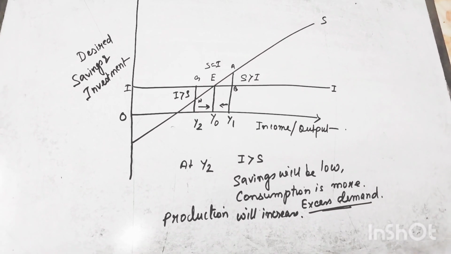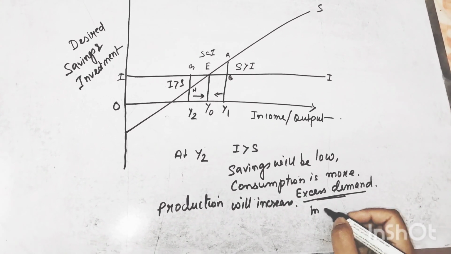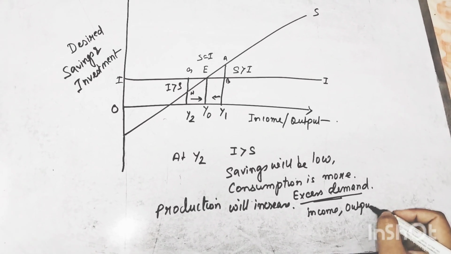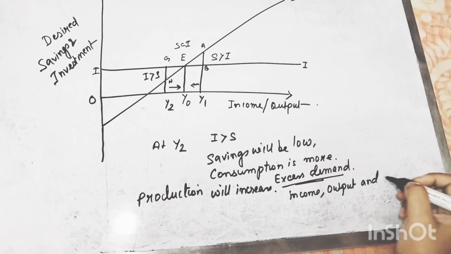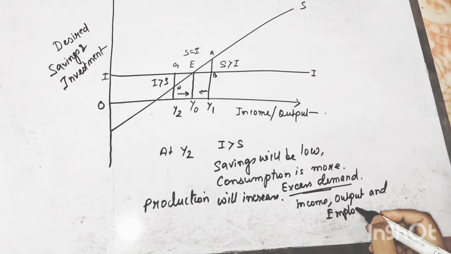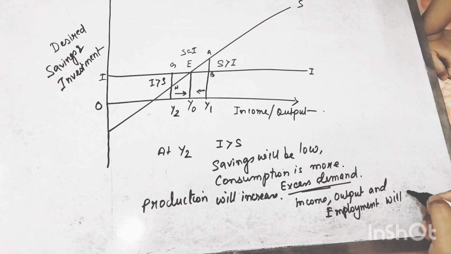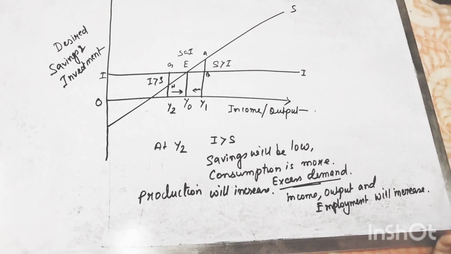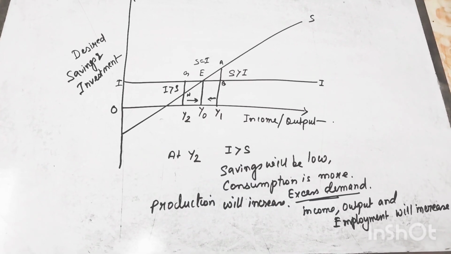Now if the production increases, what will happen? The income, output and employment will increase. That is why it is shown by this arrow, increase.